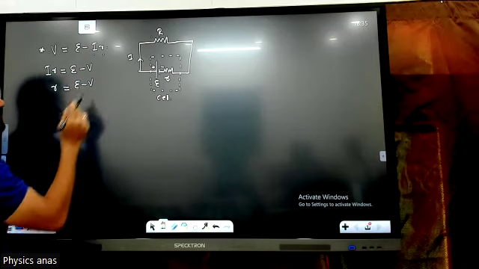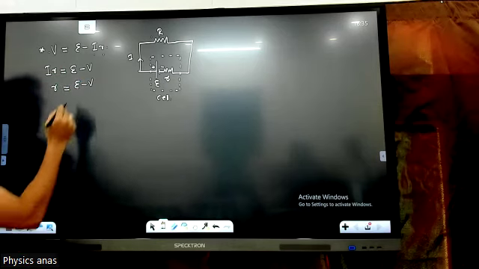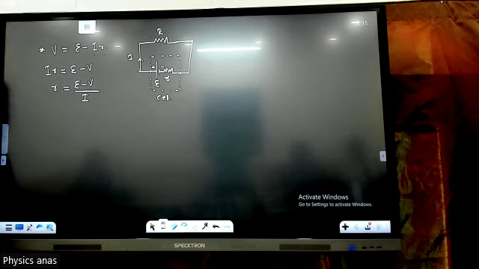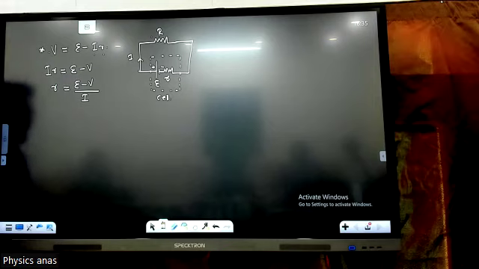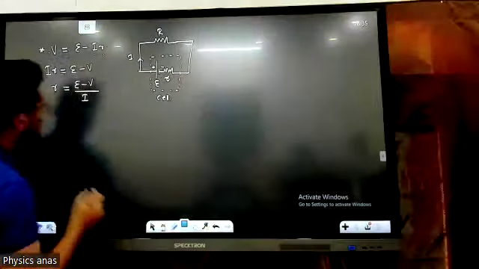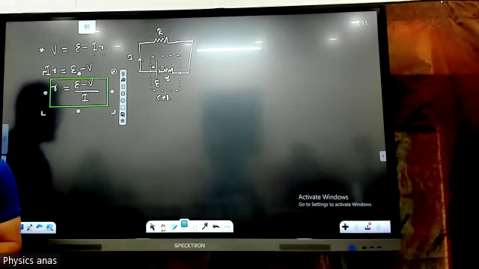You have E minus V here. Bring this I to the other side, then divide by I: E minus V by I. This is the equation for internal resistance. R is equal to E minus V by I.